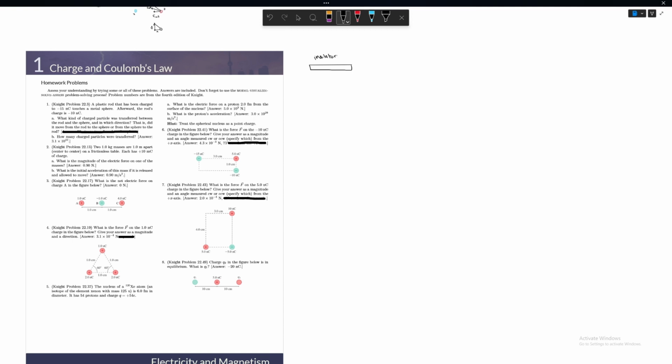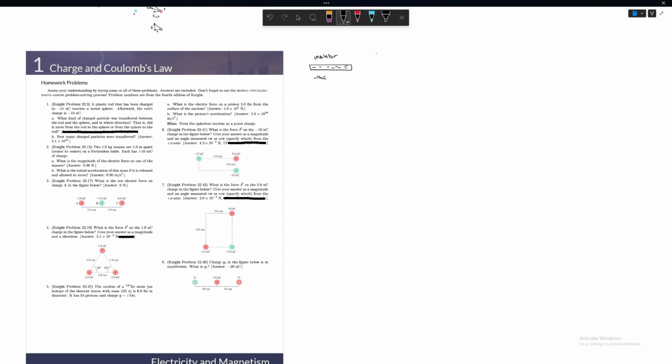And it says a plastic rod has been charged to -15. So -15 means it's overly negatively charged. There's a lot of extra negatives, more negatives than positives, and it's -15 nanocoulombs.